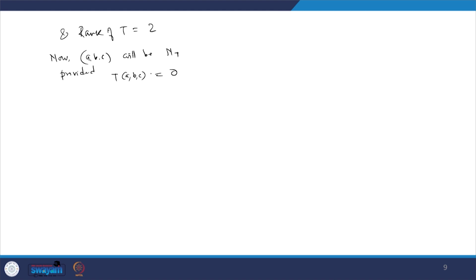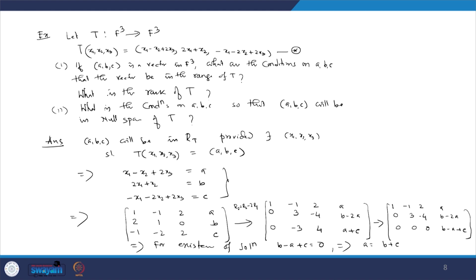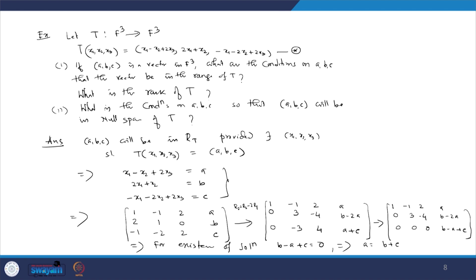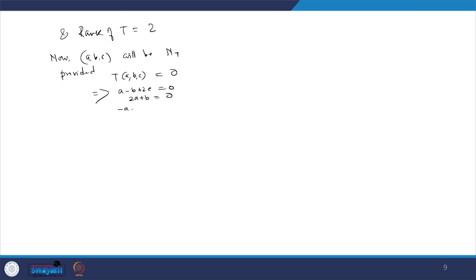So, T(a, b, c) equal to 0 implies a minus b plus 2c equal to 0, 2a plus b equal to 0, and third, minus a minus 2b plus 2c has to be equal to 0. So, this is the criteria for the point (a, b, c) to be in the null space of the linear transform T.